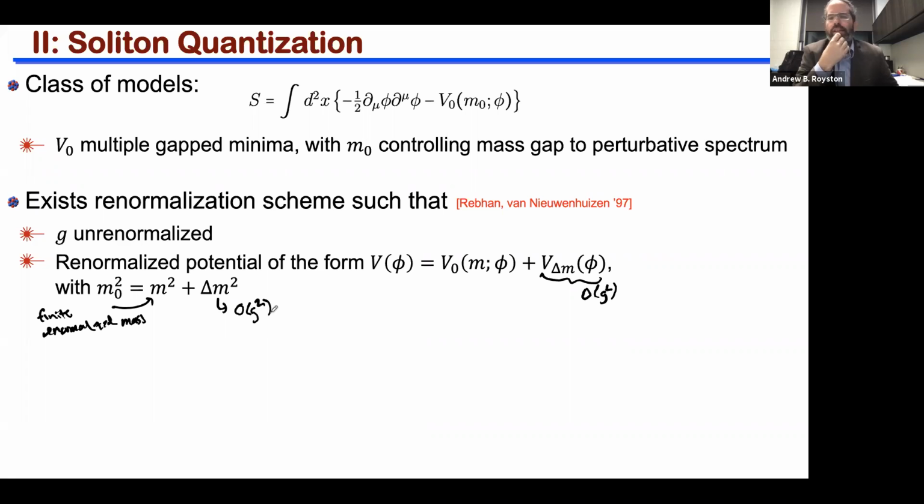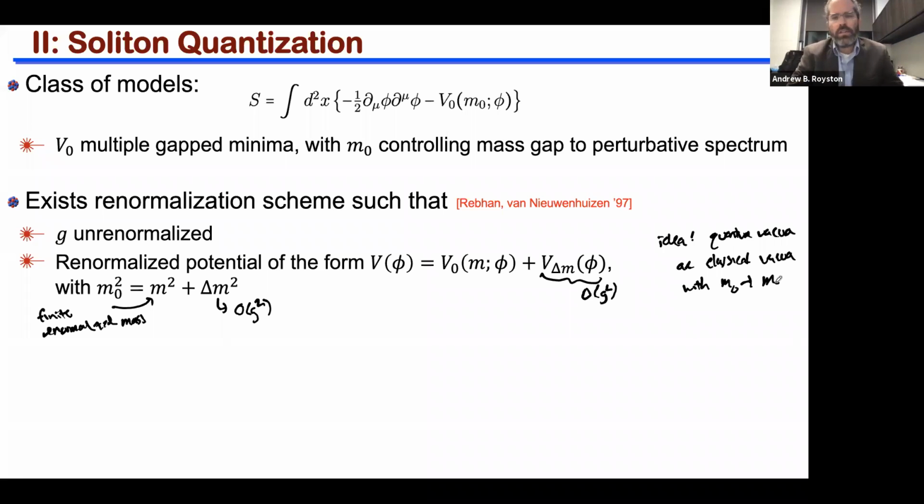And the basic idea of this is just that vacua, so quantum vacua, are the classical vacua with the bare mass replaced by a finite mass, renormalized parameter. And that's all we're gonna really need to use from this.